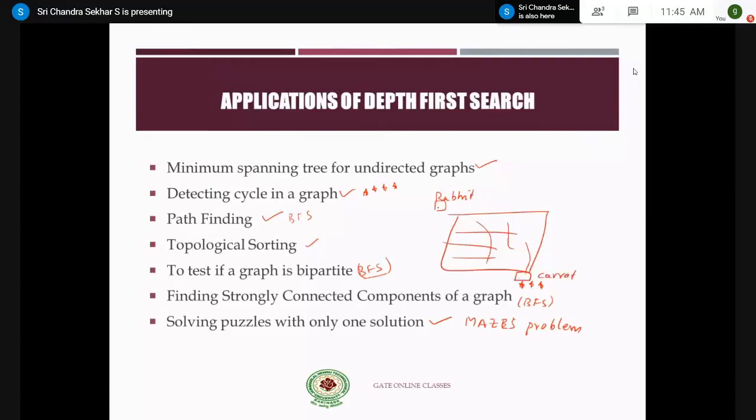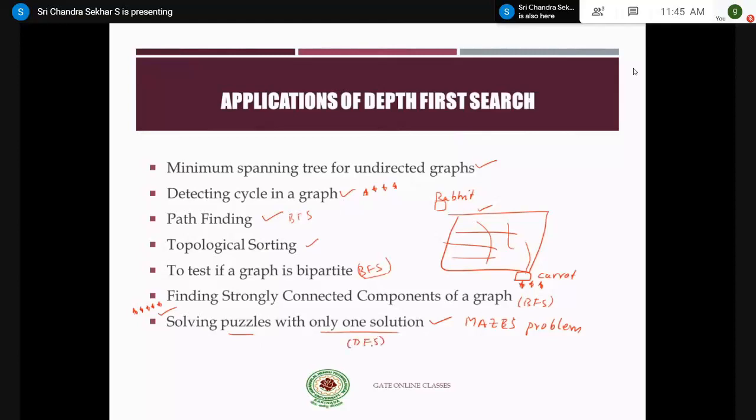You have to find the path to the carrot for the rabbit. These types of problems are solved by making use of DFS. Very important: whenever you have a problem or a puzzle which has only one solution, you make use of depth first search.